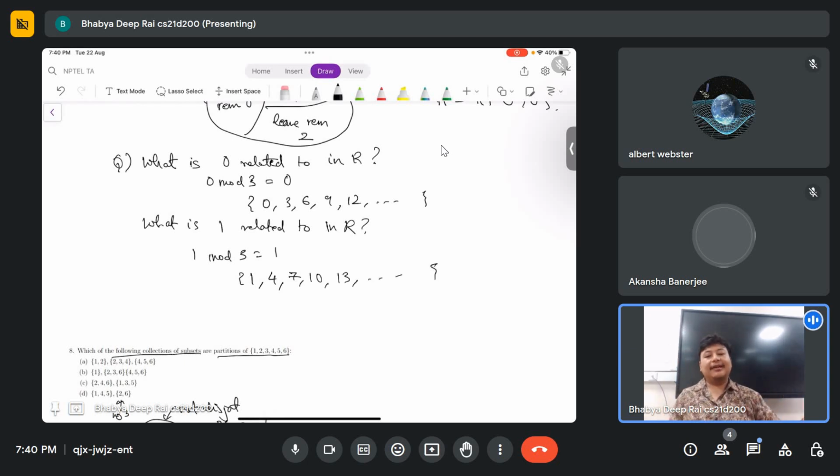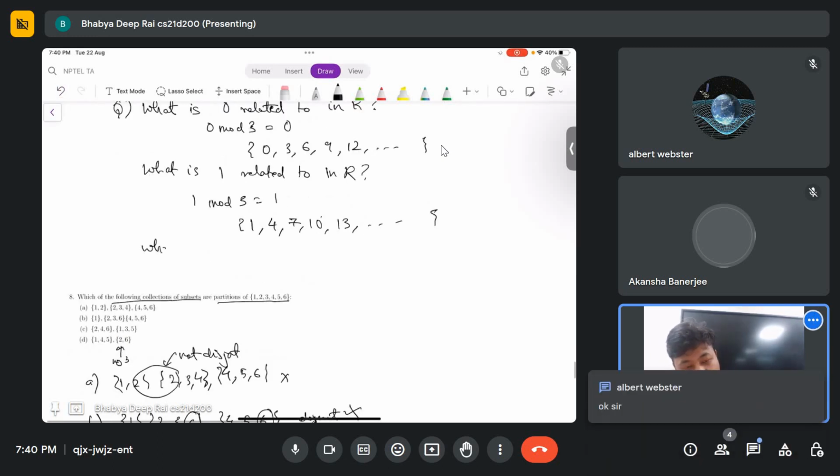When divided by 3, they leave the same remainder. So if you observe, it's not just that 0 is related to these elements. These elements are only related to elements within themselves. Like 6 is related to 3, 9 is related to 6, 9 is related to 12, 9 is related to every element in this set. Similarly, 10 is related to every element in this set.